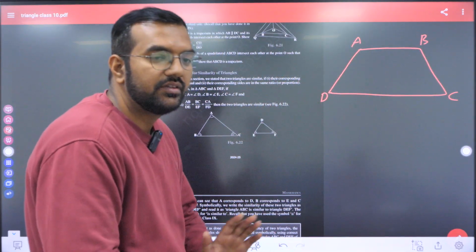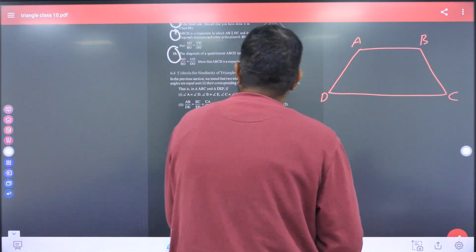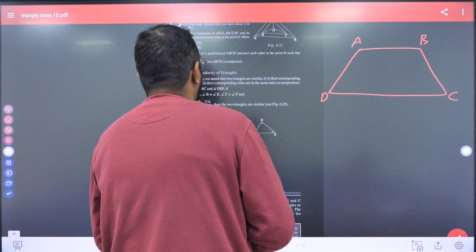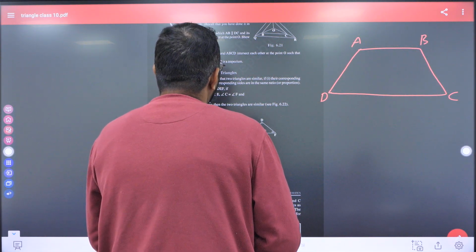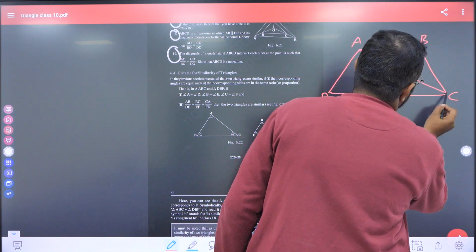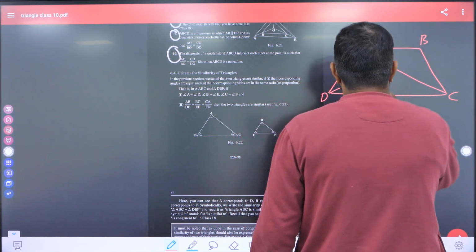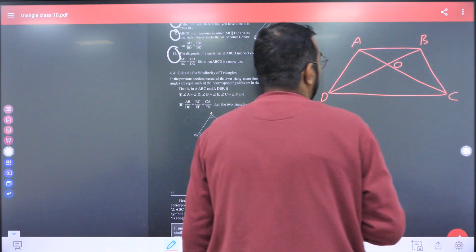It has given it is a quadrilateral. We are not taking it as a trapezium. We are taking it only as a quadrilateral. ABCD is a quadrilateral. The diagonals of quadrilateral ABCD intersect at O. So we will construct diagonals.